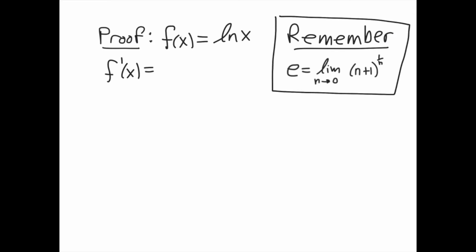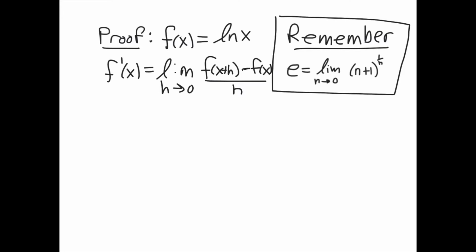So here we go. I generally like to start out my proofs of derivatives by using the limit formula for derivatives. So f prime of x is going to be the limit as h approaches 0 of f of x plus h minus f of x over h. And then we'll say to ourselves, well, what does this f function actually do?